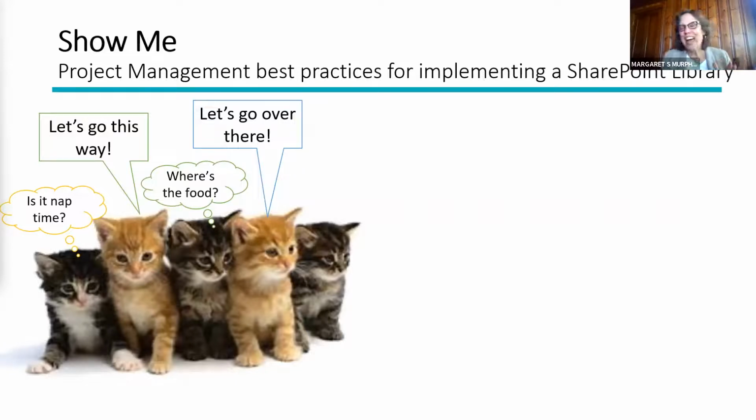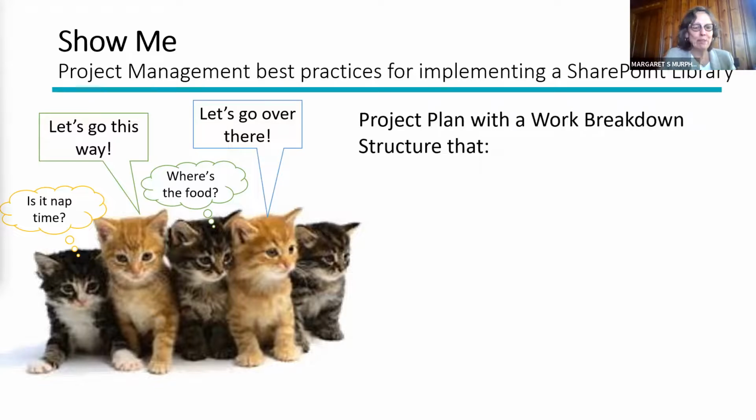So now that you have seen the demonstration in SharePoint, I think it may be prudent to consider how a project team can work together to create a document library for collaboration and sharing. As we consider our case study, the continuity of instruction SharePoint library effort, it's important to note that several project management best practices led to a successful implementation, the most important being a comprehensive project plan with a work breakdown structure.